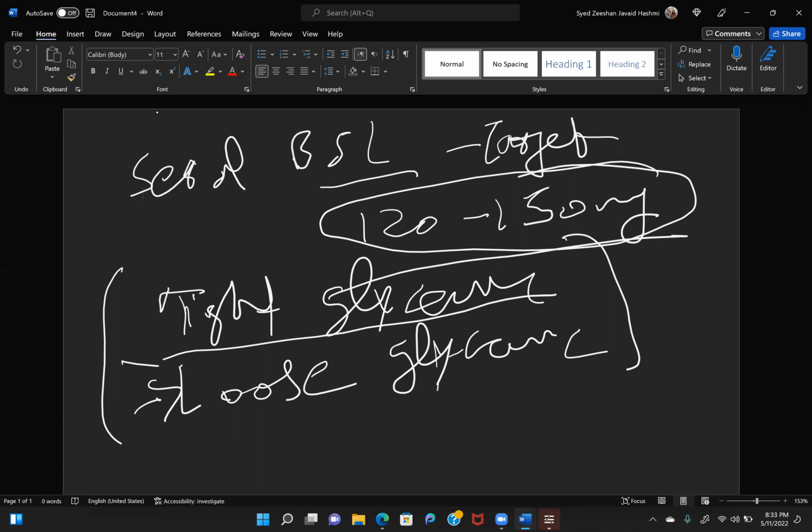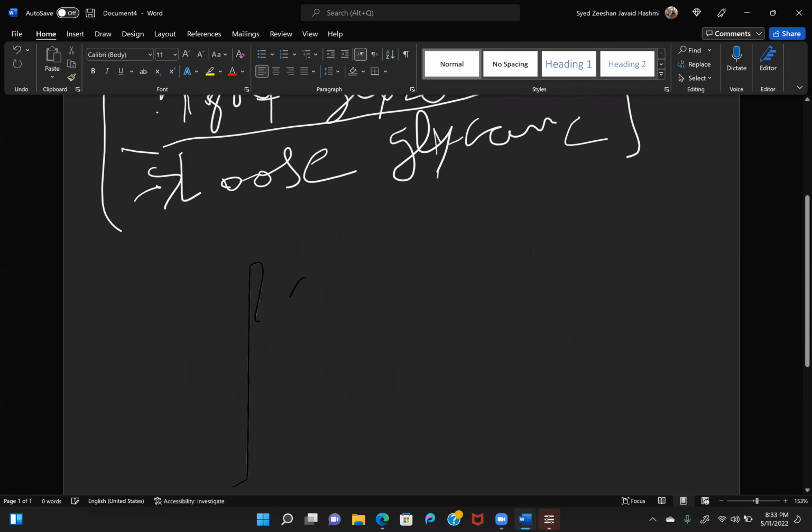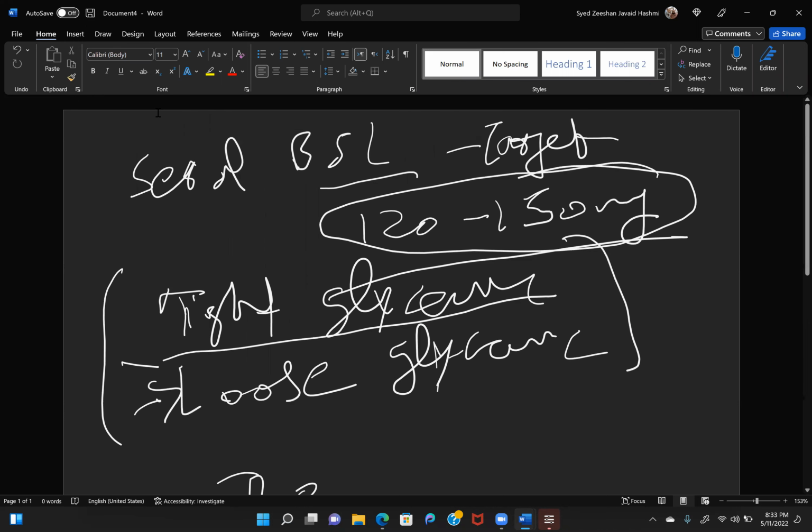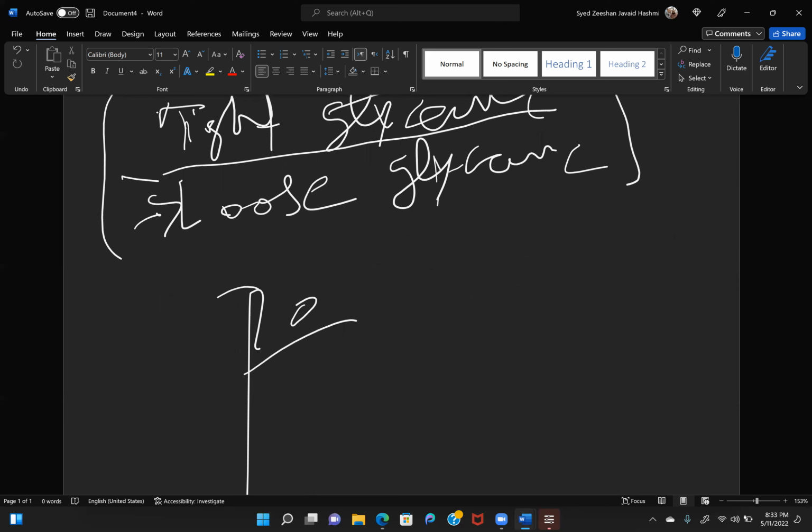Because if, for example, blood sugar is 70, what do you do? You give dextrose. So you will never try to reach the lower side. Less than 100 is never recommended. You should keep it at least more than 100, and preferably around this level. These things are not written in the books, but they are more important clinically as well as from the exam point of view.